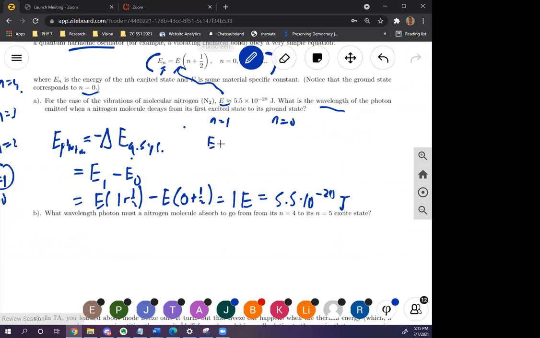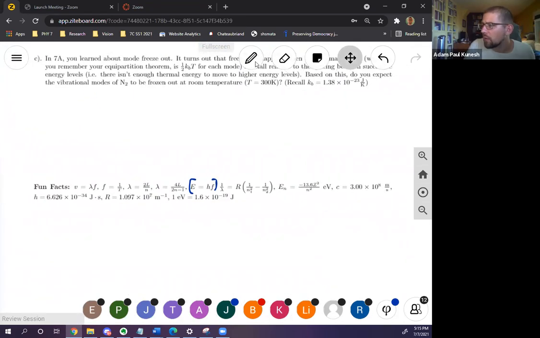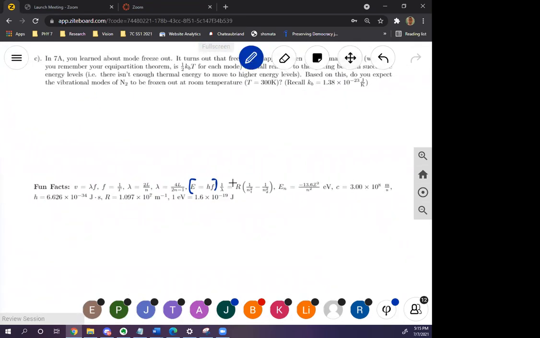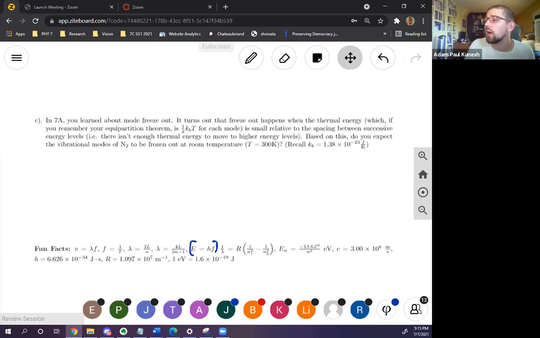Because if you go down to the formula below, I think you forgot to box the wavelength part. Yeah, because there's 1 over wavelength on the right side. It should be energy equals HF times 1 divided by wavelength. So it's actually, this is good.